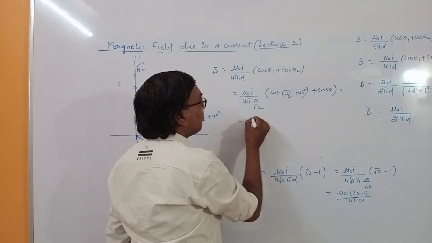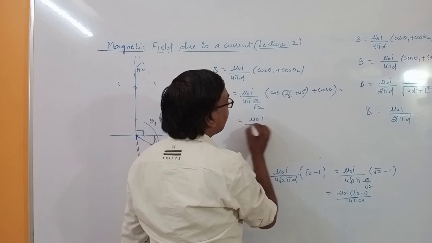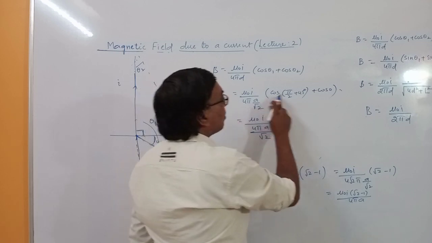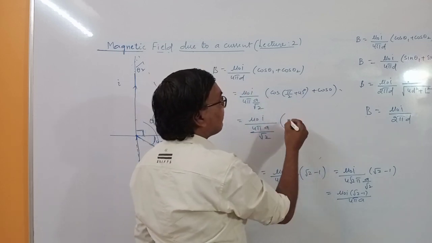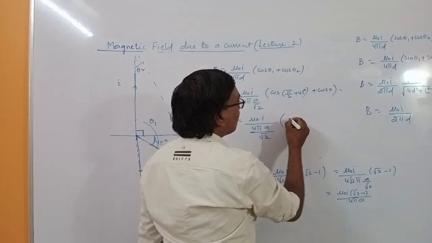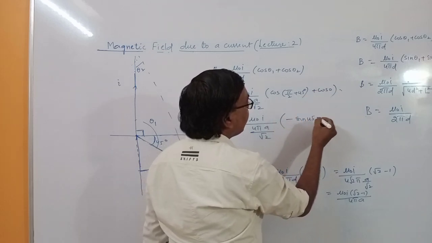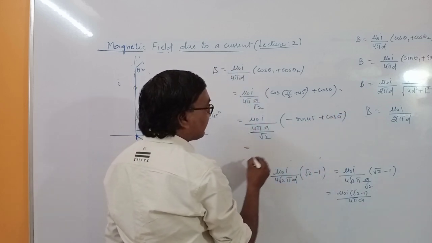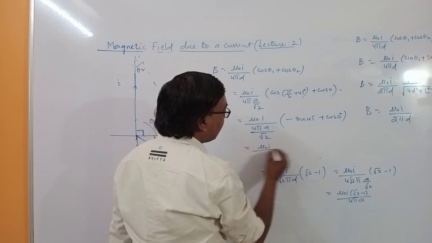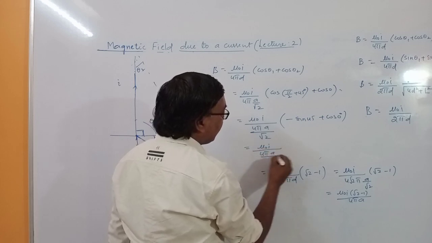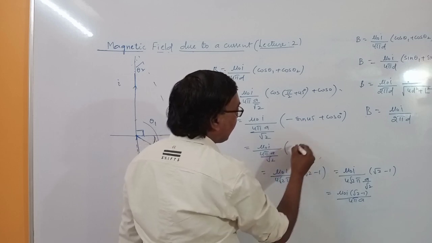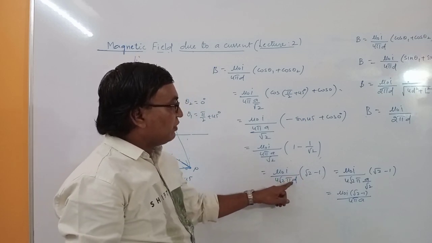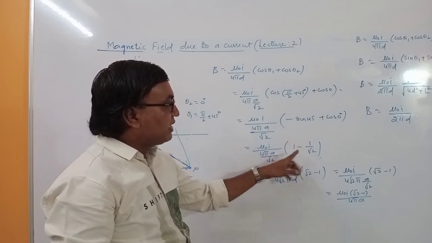So this will be mu naught I by 4 pi a upon root 2, into minus sin 45 degrees plus cos 0 degrees. So you will get mu naught I upon 4 pi a by root 2 into 1 minus 1 by root 2.